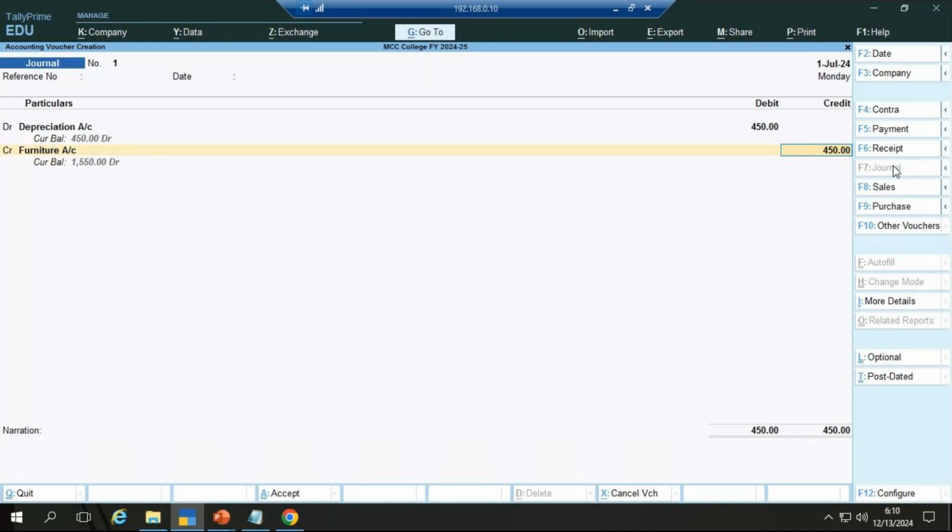Depreciation account debit 450, credit furniture account 450. Do you have any query regarding the first transaction?